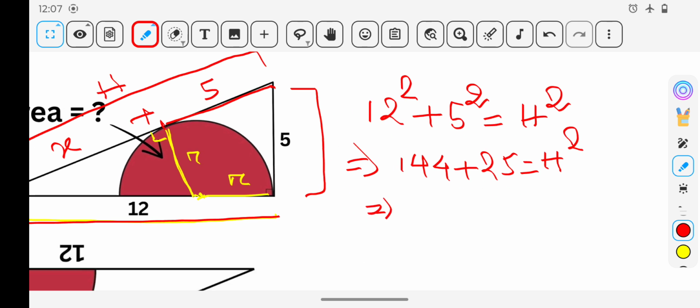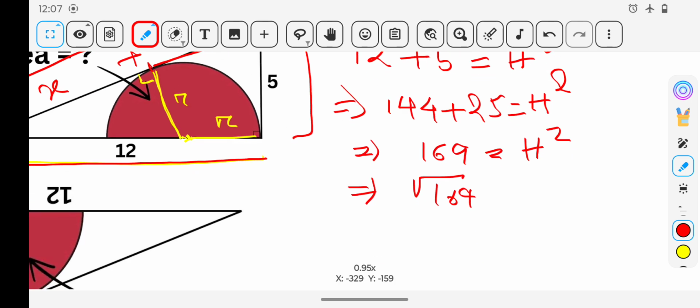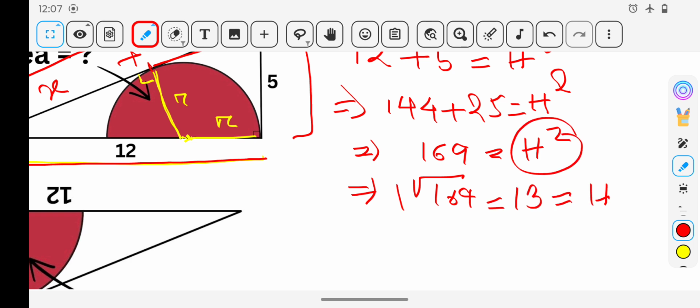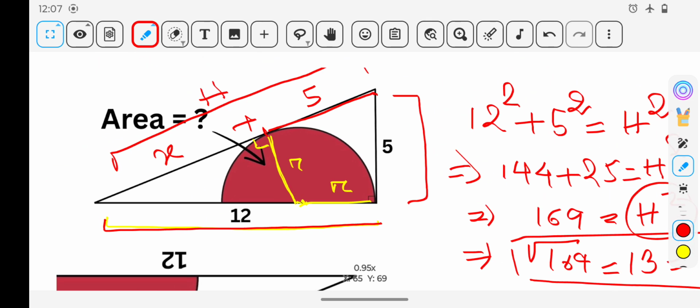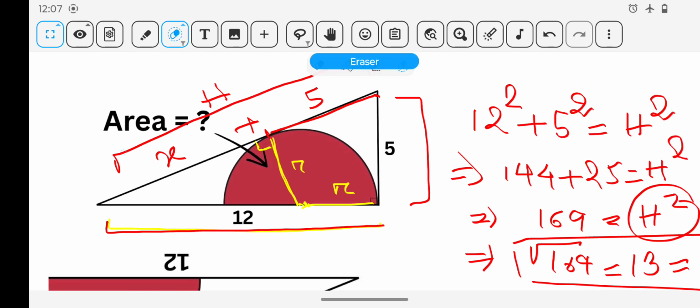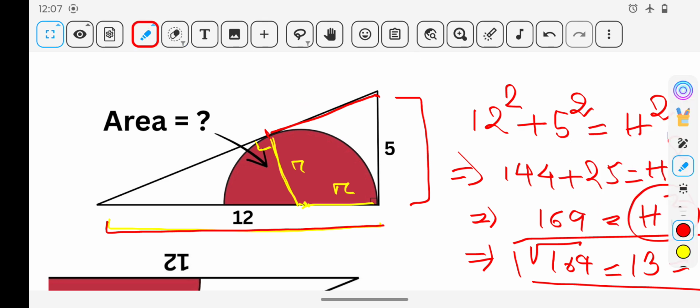That means 169 equals h square. Taking the square root, the square root of 169, that is 13, equals h. So h equals 13. We know that the total length of this hypotenuse is 13.